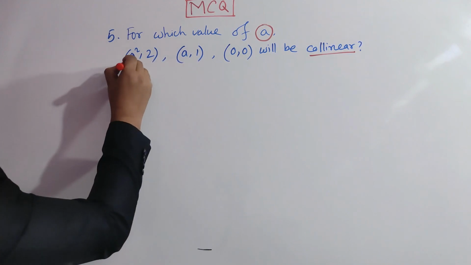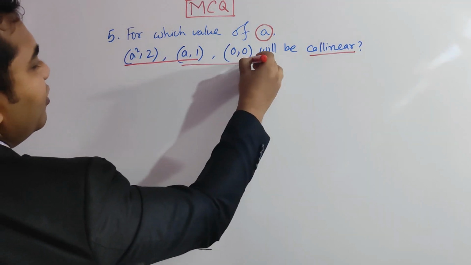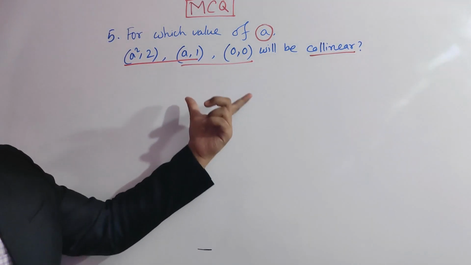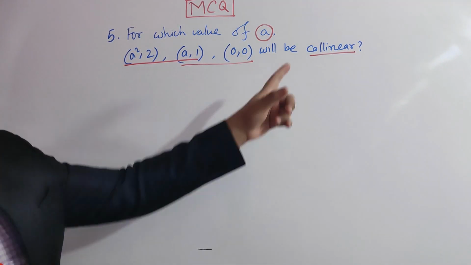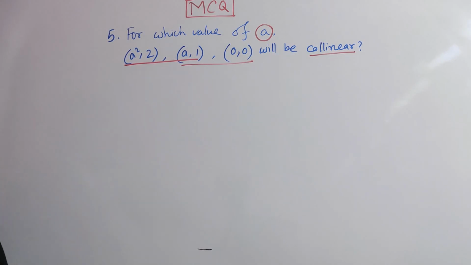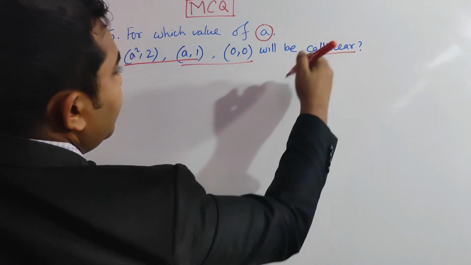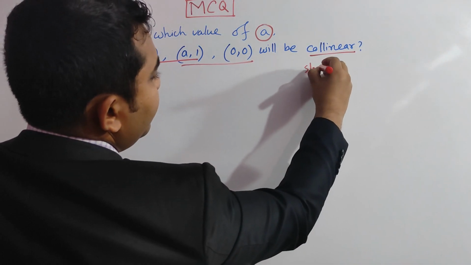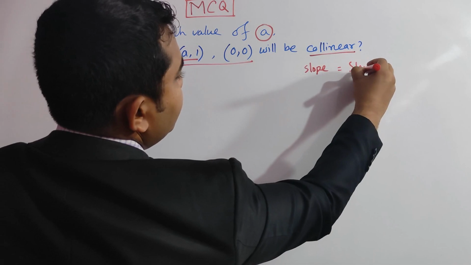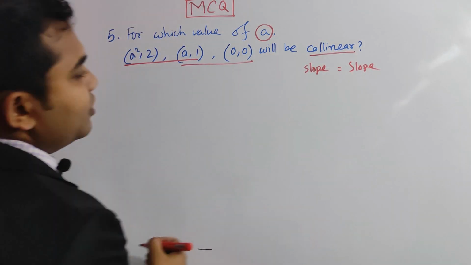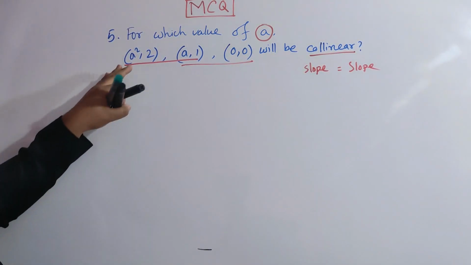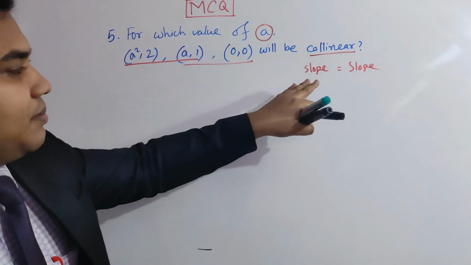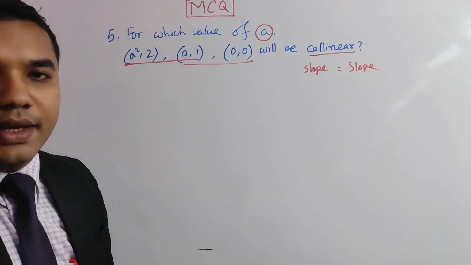So find the slope of this and find the slope of this. If we find the slope of these two are equal, then we will get the value for collinear, because the basic of collinear is that slope must be equal. So slope equals slope. We need to find the slope of these two, then find the slope of the other two, then just make them equal, and we'll get the answer.